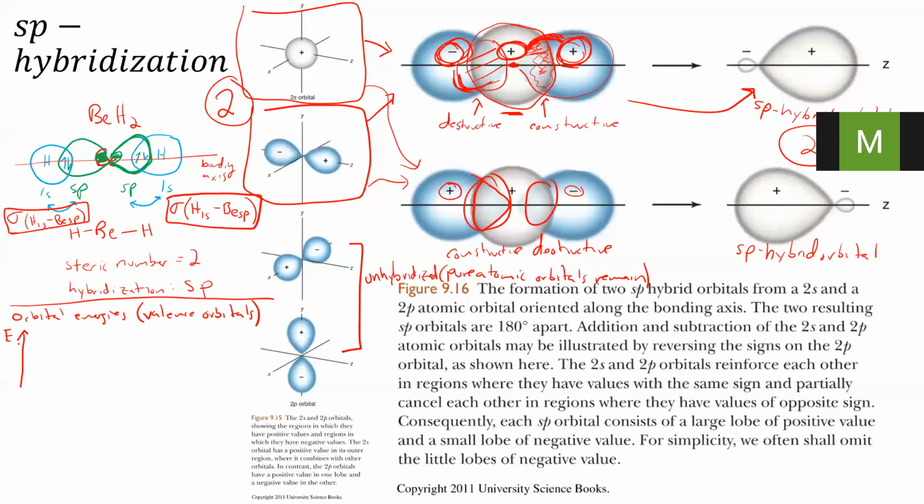And so this is that hierarchy of energies that we looked at for the hydrogen atom: the 1s, the 2s, the 2p, the 3s, the 3p, the 4s, the 3d, etc. We're going to just look at the valence orbitals here. So for beryllium, the valence orbitals are going to be the second shell, so the 2s and 2p orbitals.